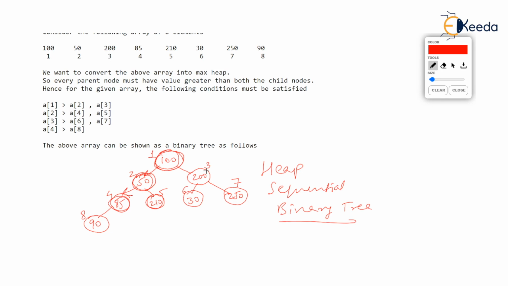Similarly, third node should be greater than sixth and seventh. Whatever value you store in the third node should be greater than sixth and seventh. And finally, fourth node, which is right now storing 85, should be greater than eighth node, which is storing 90. If you do all this, then only this heap will be called as max heap, because every parent will be greater than its children. Now, how do you do this?